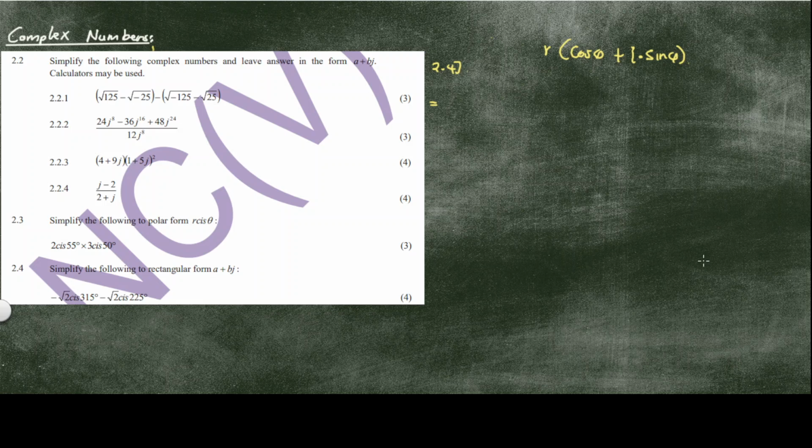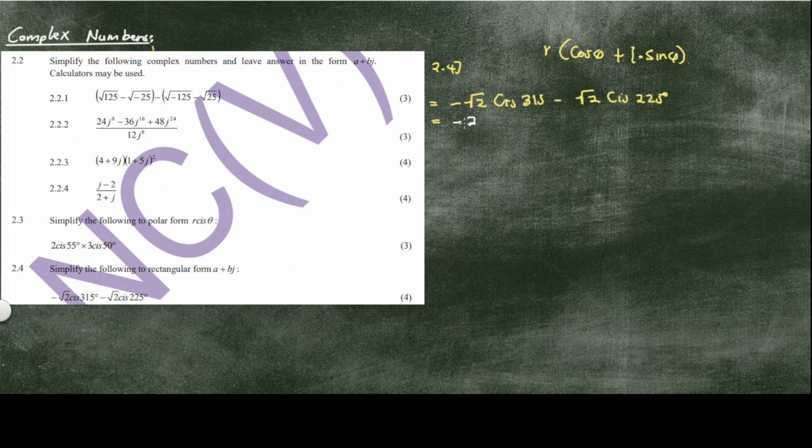Let's do it. So you have the square root of 2 cis 315 minus the square root of 2 cis 225 degrees, step by step.